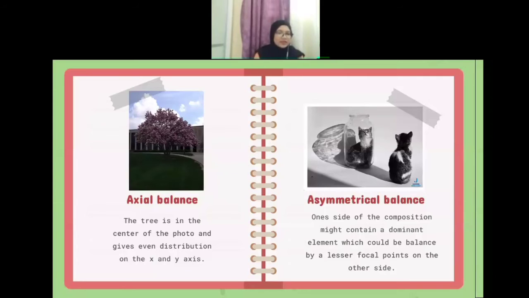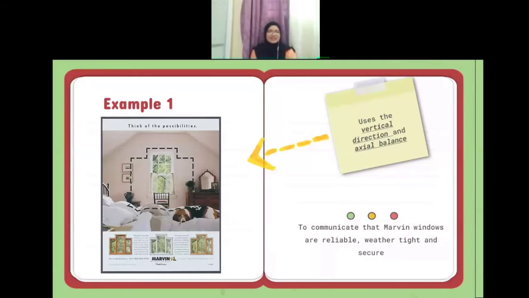As for asymmetrical balance, as you can see in the picture, one side of the composition contains a dominant element where it might be stressing a message, an important message. Okay, take a look at the example of Marvin windows. This ad uses the principle of vertical direction and applies axial balance.